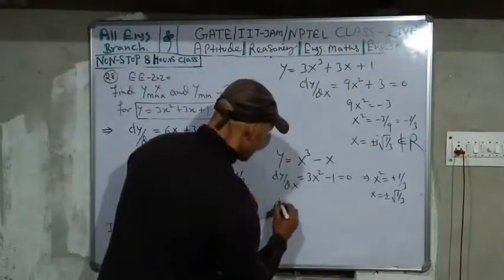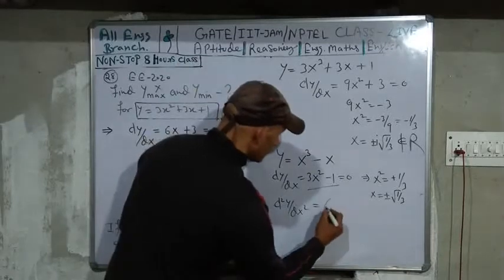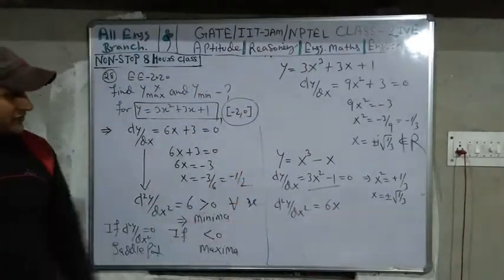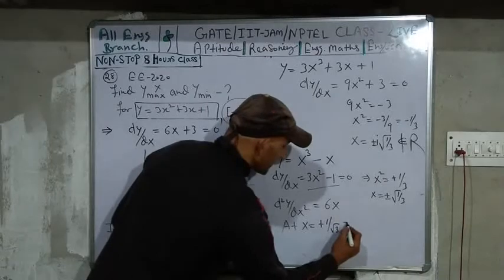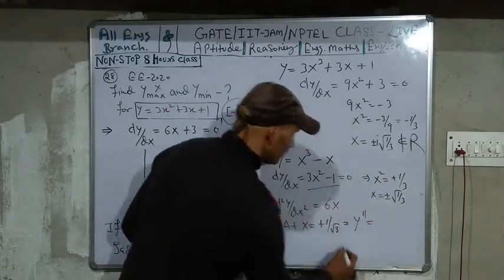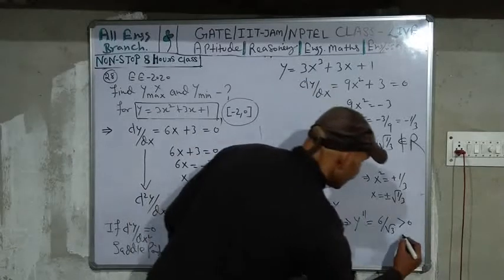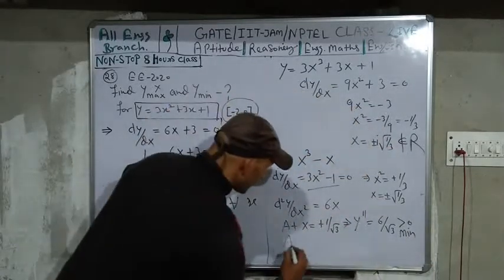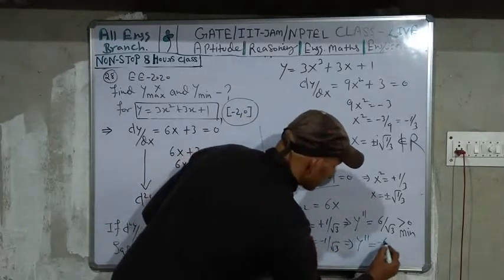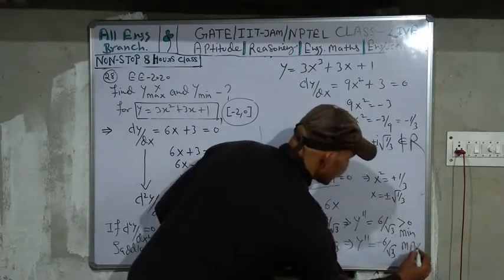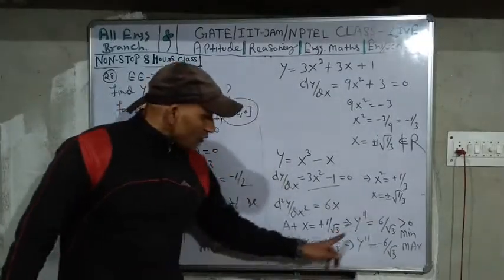Now I will check d²y by dx². Again you have to differentiate: it is 6x. At x = 1 upon square root of 3, y double dash is 6 upon root 3, which is greater than 0, that is, a minimum. At x = -1 upon root 3, y double dash is -6 upon square root of 3, that is a maximum.